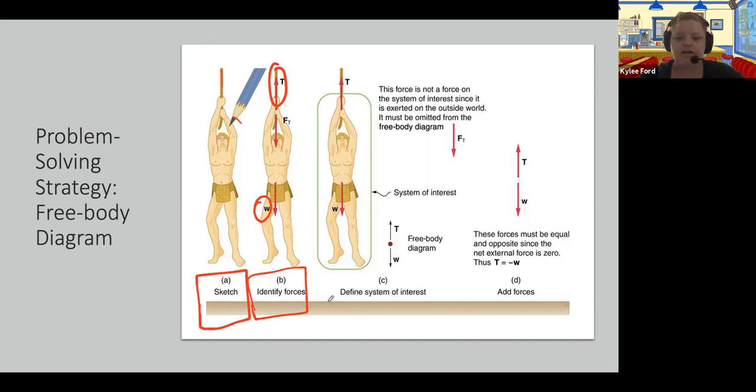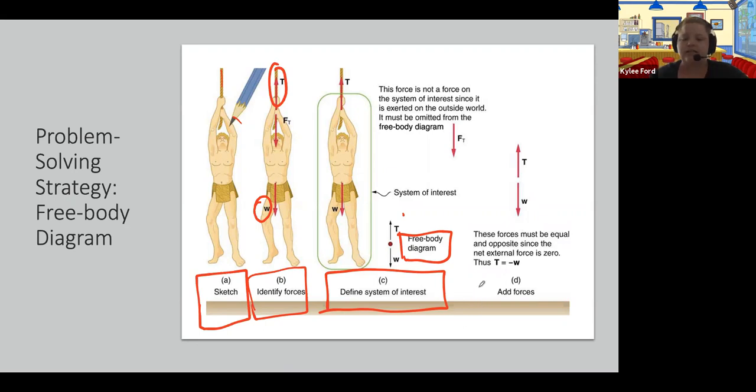Our next thing would be defining our system of interest. Again, that is going to be our guy here. That is our system of interest. Now this is our free body diagram where we have our tension and the weight of the person. So that is our simple free body diagram.